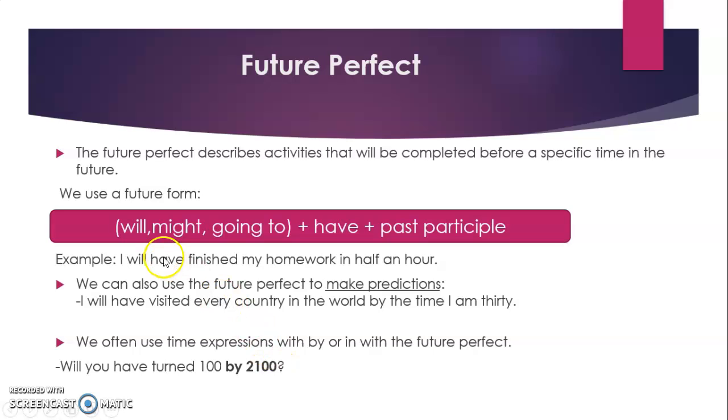It's different from a sentence, because a sentence begins with the subject, the auxiliary, then have, the verb in the past participle form, and the complement.